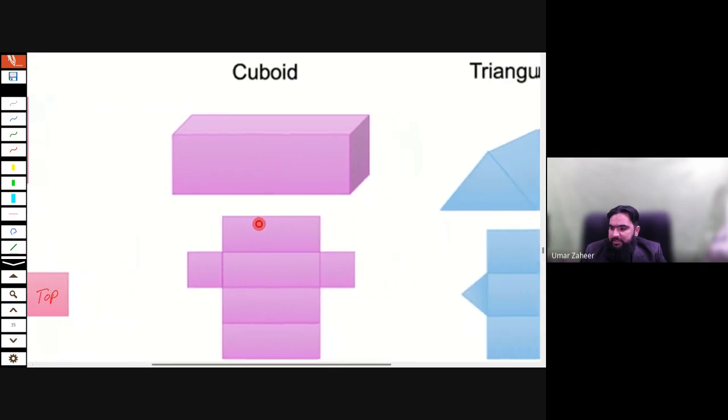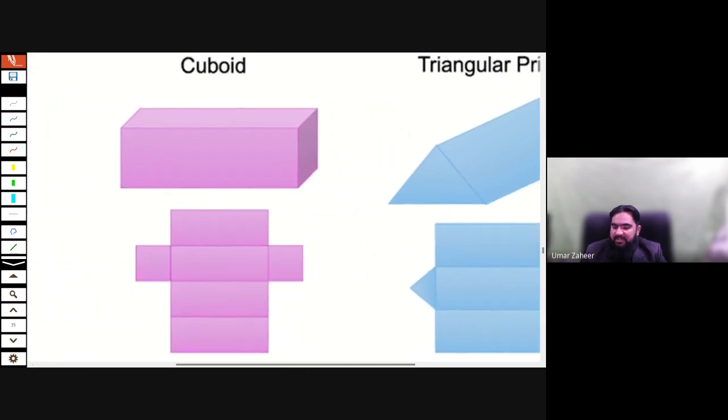The next one is the cuboid. In the cuboid, the length, width, and height are not the same. The length is different, the width is different, and the height can be different. So look at here, we have to open it again. Let's say it is the length, it is the width, and it is the height.